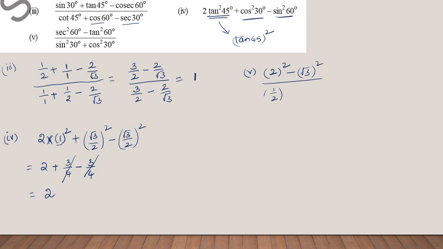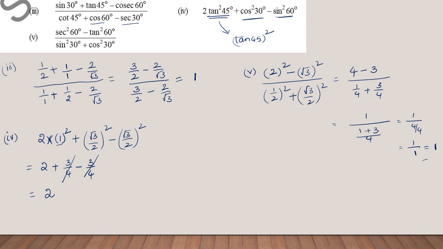Sin 30 means 1 by 2 whole square plus cos 30, root 3 by 2 whole square. Now from this, what am I going to get? 2 square is 4 minus root 3 whole square is 3, divided by 1 by 4 plus 3 by 4. Now 4 minus 3 is 1 divided by, what is the LCM here? 4. Then I can write 1 by 4 by 4. What is the value of 4 by 4? It is again 1. So 1 by 1 is again 1. So the answer is 1 for this particular question.